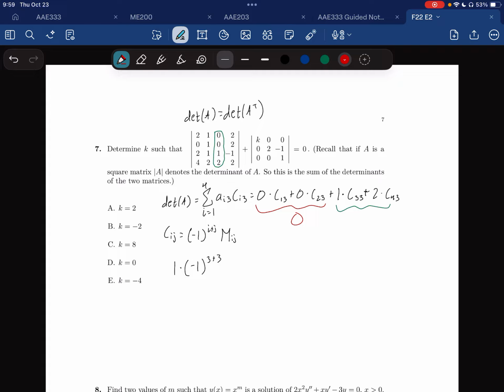What is it going to be? It's going to be 2, 1, 2, 0, 1, 2, and then 4, 2, 2. How I got that?